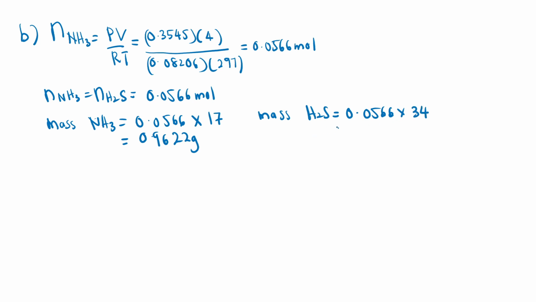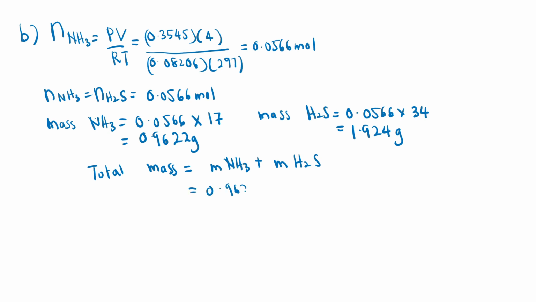Okay, so this is the molar mass for H2S, iaitu kita akan dapat 1.924 grams. Alright, so the total mass, okay, total mass equal to mass of ammonia plus mass of H2S. Jadi kita tambahkan saja 0.9622 grams plus 1.924 grams. So we got 2.88 grams.